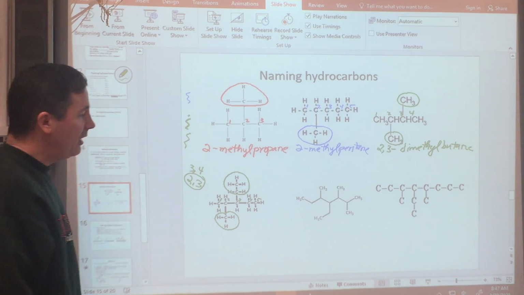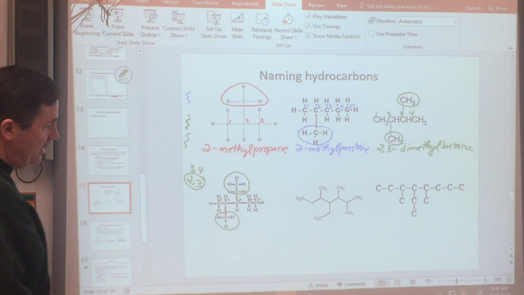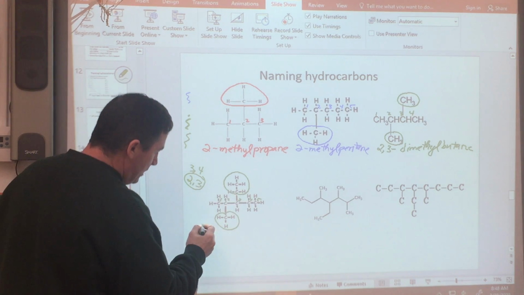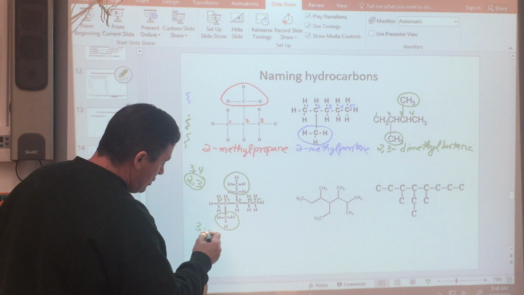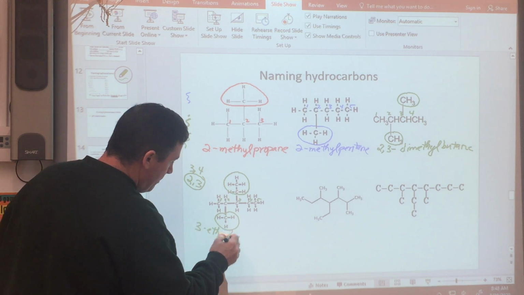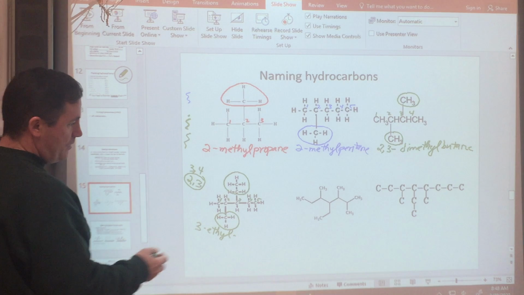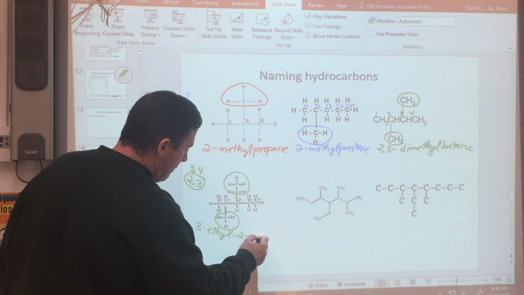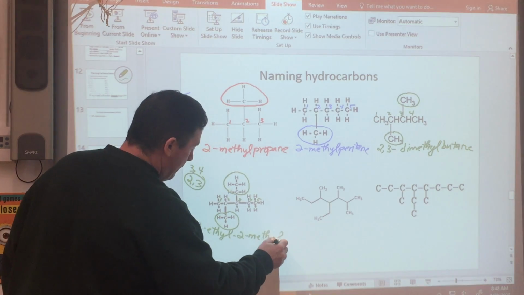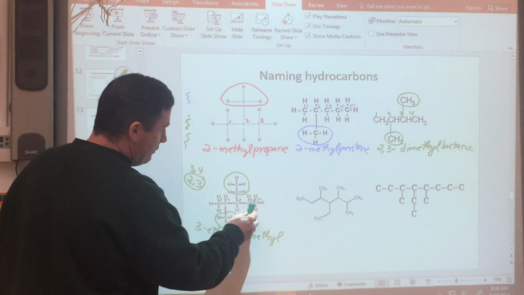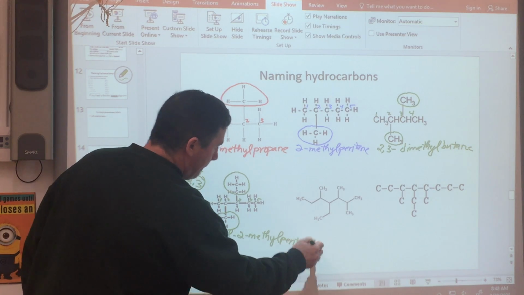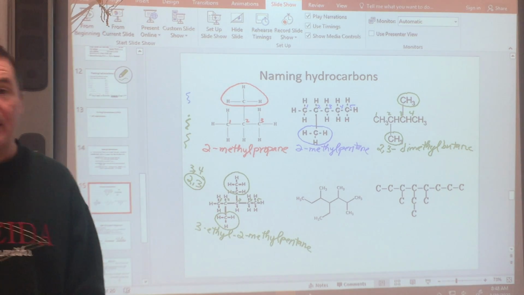E comes before M. So that's what I have to write in here. So it's actually going to be 3-ethyl, 2-methyl, 1, 2, 3, 4, 5, pentane. Next video is coming up.